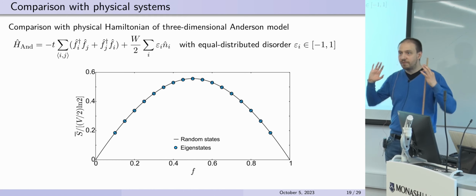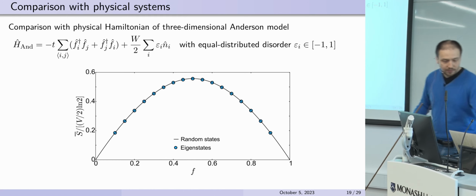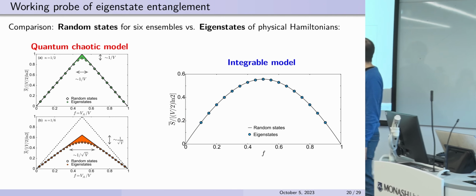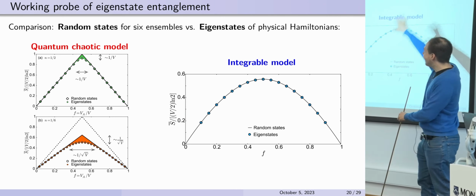And the philosophy here is for quantum chaotic models, we expect that the left-hand side of this table is a good prediction. While for integrable models, you essentially can use the sub-extensivity, that this slope is not linear, but goes down for large subsystems, as an indicator of integrability.